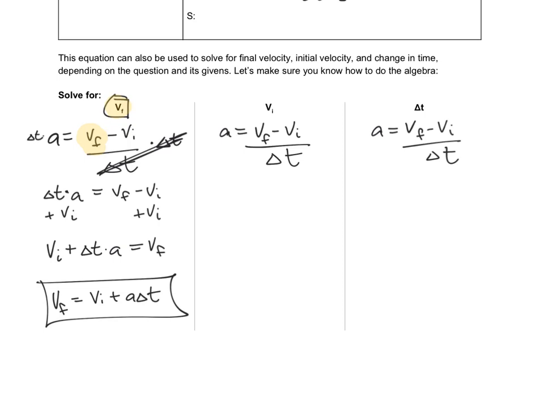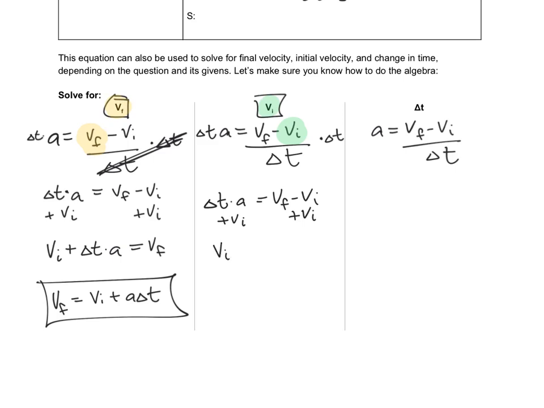VI is pretty similar. In order to solve for VI, which is here, you have to get t out of the bottom again. So to get t out of the bottom again, you have to multiply by it. And you'll end up with delta t times A equals VF minus VI, same as last time. But now, instead of wanting VF, we want VI. But VI is negative over here, so what I'm going to do is add it to each side, because I like to do that.